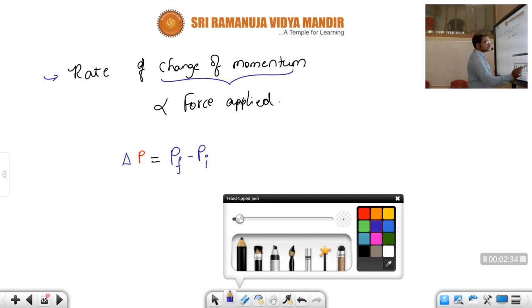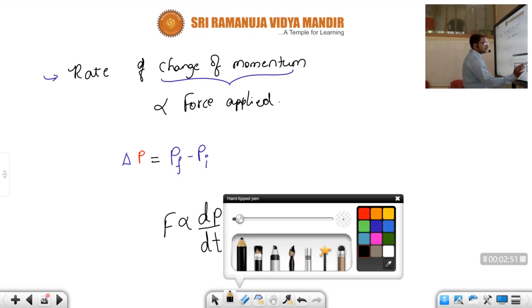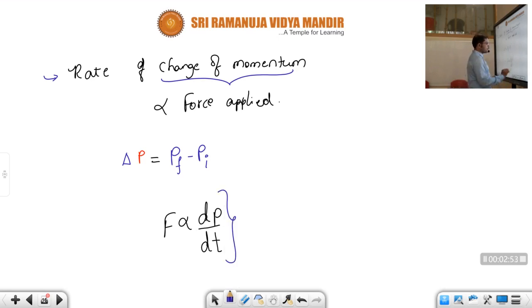So here the rate of change of momentum, we can represent this statement as force proportional to dp by dt. Children, in books you might have seen this also. This represents that with respect to time there is change in momentum.